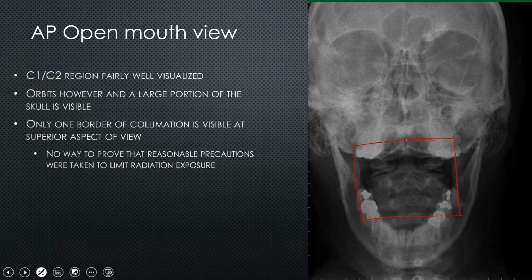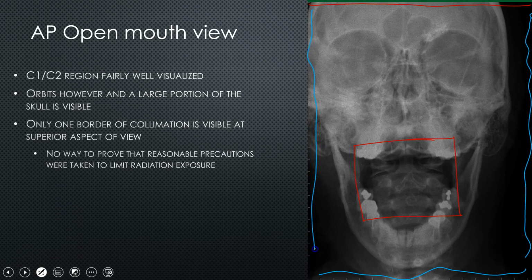So it says only one border of collimation is visible. So you can see at the top, this green portion here is to show that this was the area of collimation, but we don't see on this side or here that any collimation was done.